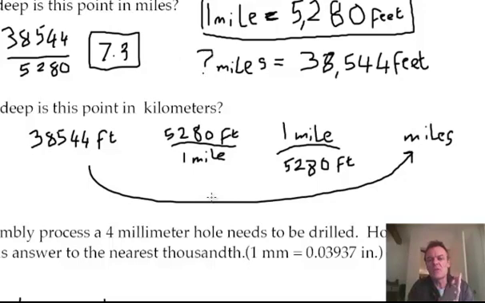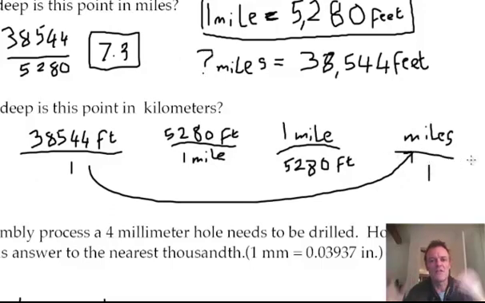So if I were to go from feet to miles, I want to cancel the word feet and be left with miles. Think of the feet as something over 1, so all these are like fractions, even if I write the miles over 1.